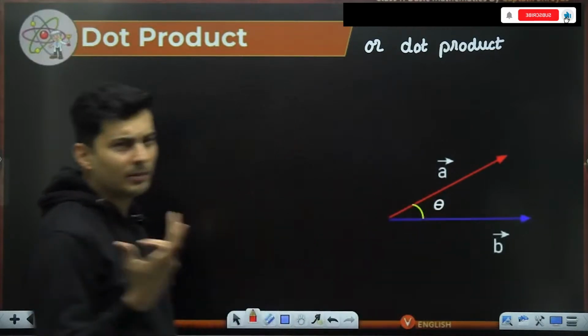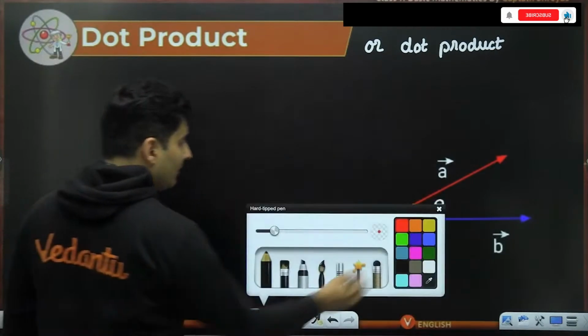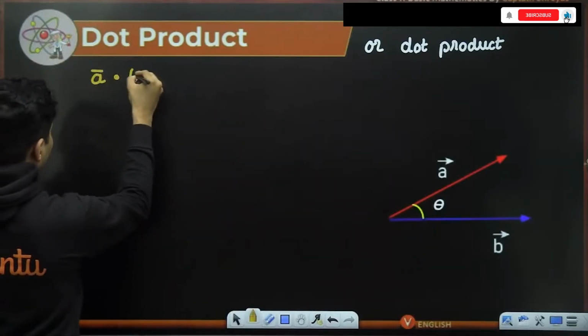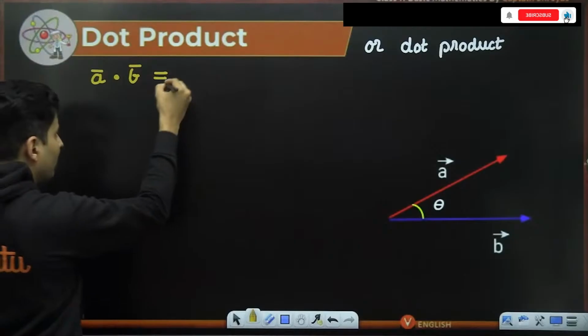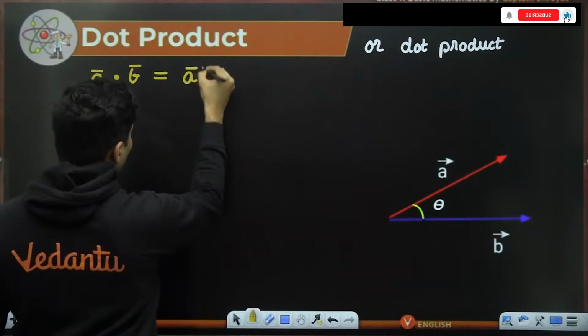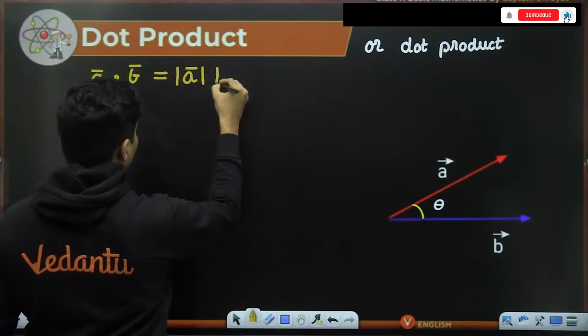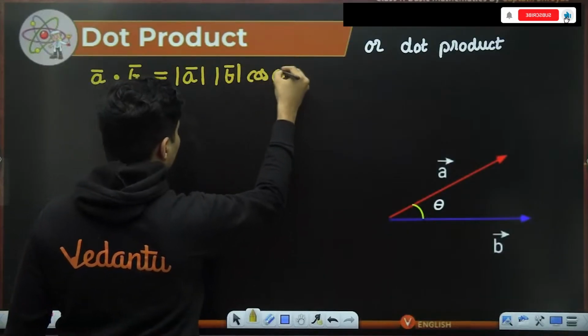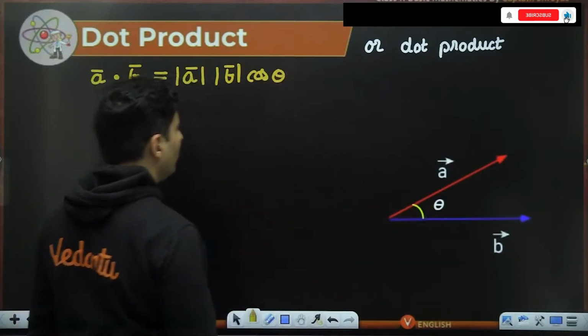I want to know the dot product of them. If I do A vector dot B vector, the outcome is: take the magnitude of the first vector, take the magnitude of the second vector and multiply it with cos of the angle between the two vectors.